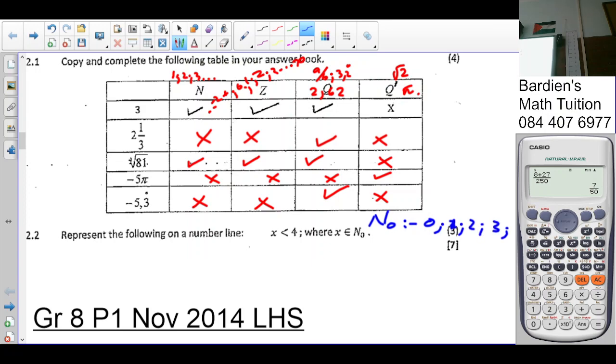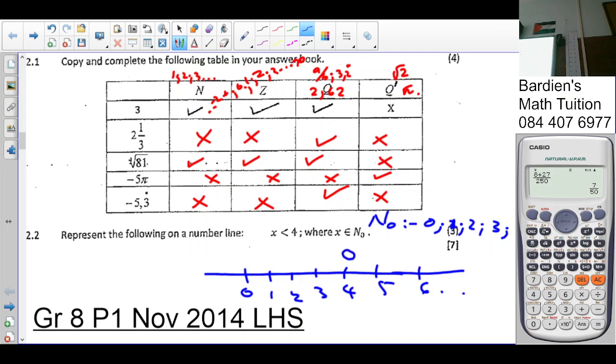So when we draw this on the number line, we go 0, 1, 2, 3, 4, 5, 6, and so on. Here we are told that x is less than 4, so it does not include 4. However, it includes 3, 2, 1, and 0. Although the inequality carries on, because of this restriction here it is cut off at 0.